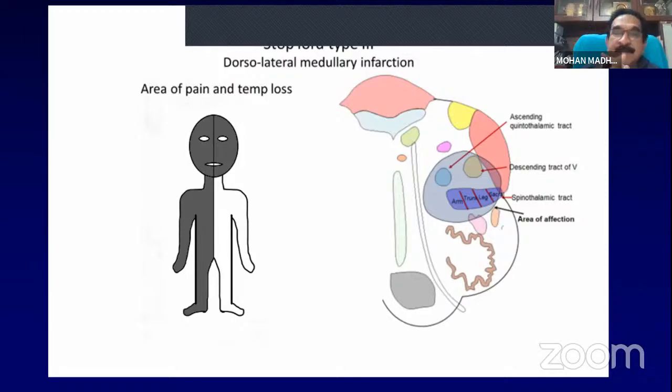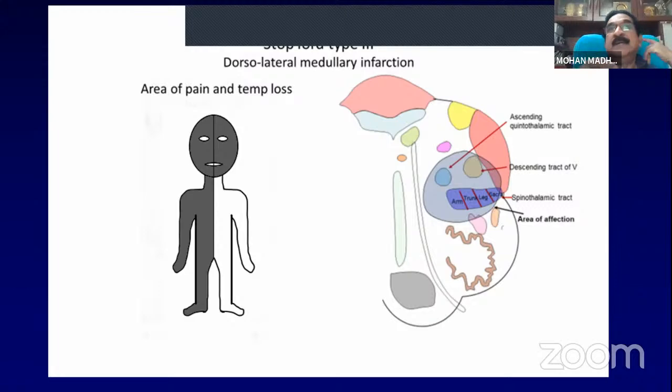You should always compare the pain loss on one side of the face with the ipsilateral occipital area or ipsilateral body. Don't compare with the opposite face, because that face also may be affected. Suppose both sides are affected, the patient will not see any difference between the two. So always compare with the ipsilateral occiput or the ipsilateral body.